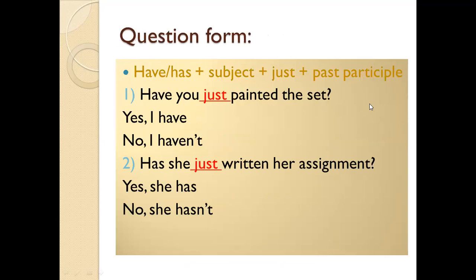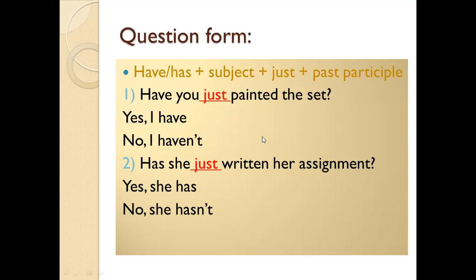Where do we write just in a question form? First of all, we switch the subject and the auxiliary verb. And we write have or has plus subject plus just and then the past participle. For example, have you just painted the set? The answers are yes, I have just painted the set.